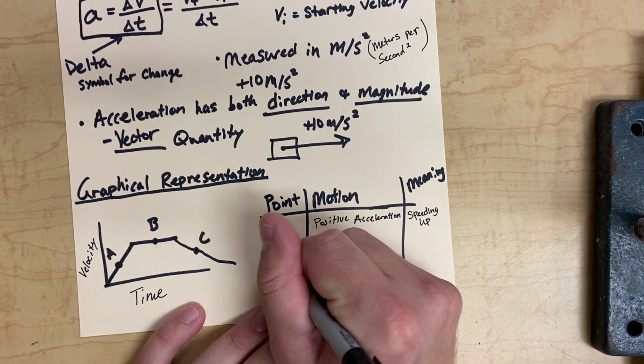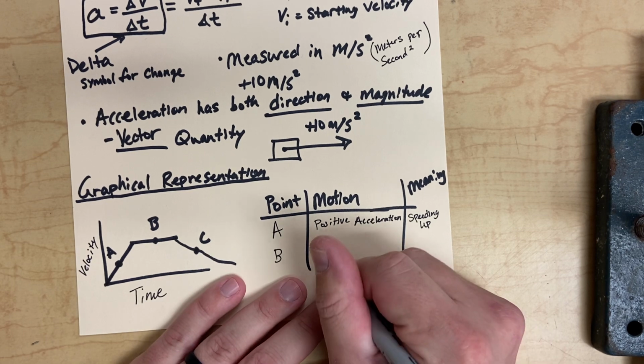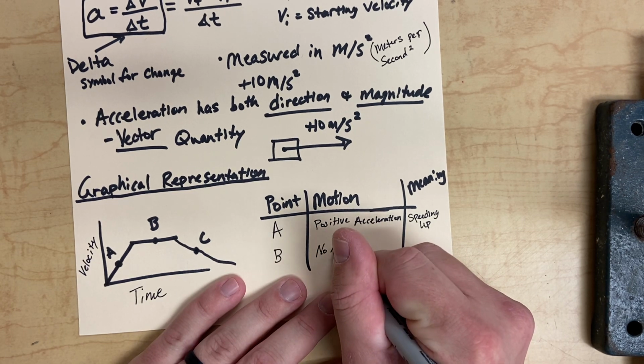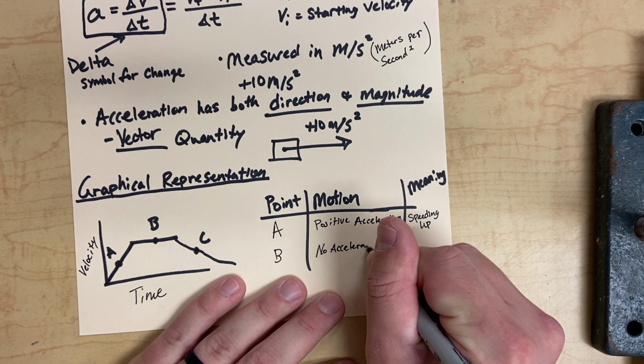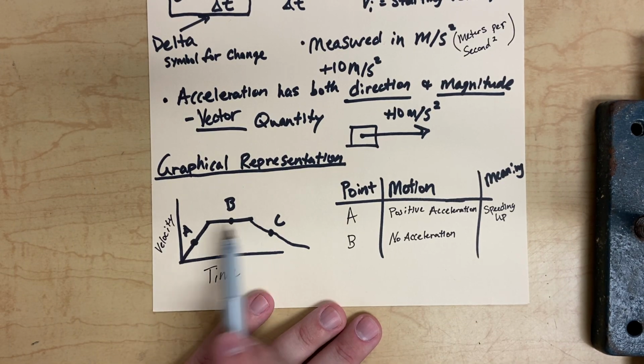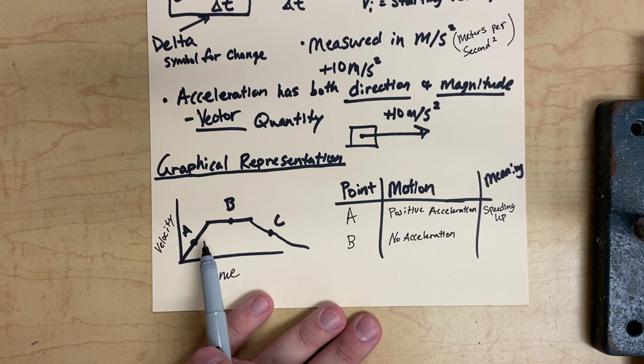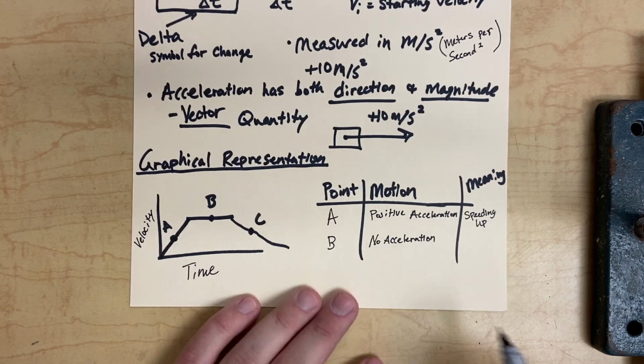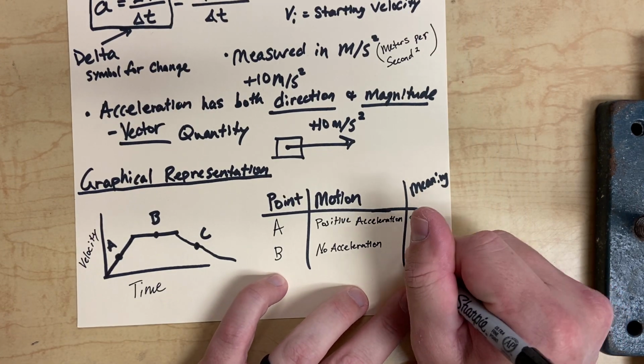All right, at point B, we have a flat line. All right, so our velocity is not changing, but time is changing.